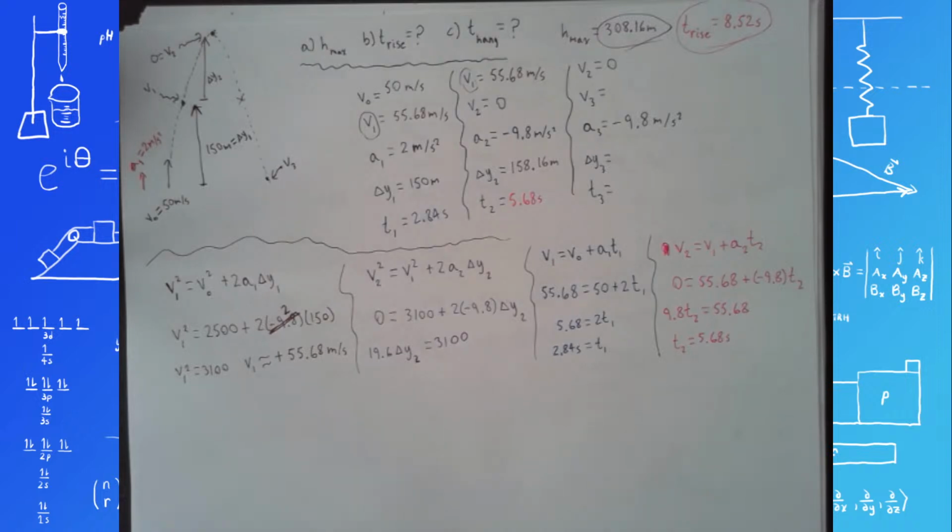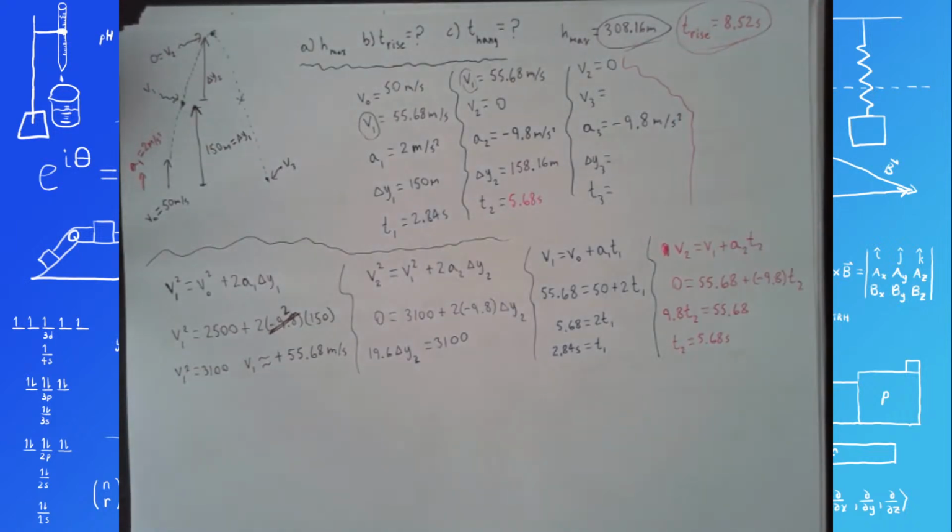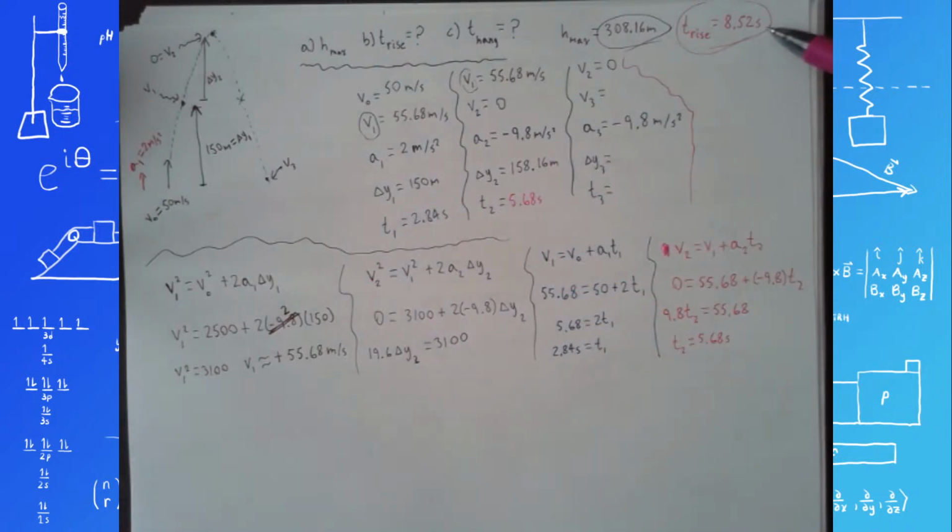And then part C, what is the total time in the air? What is the hang time? For that, we need to find T3 and add it to T1 and T2. We've already added T1 and T2. We just did it, so we can take this 8.52 and add T3 to it, and then we're done.